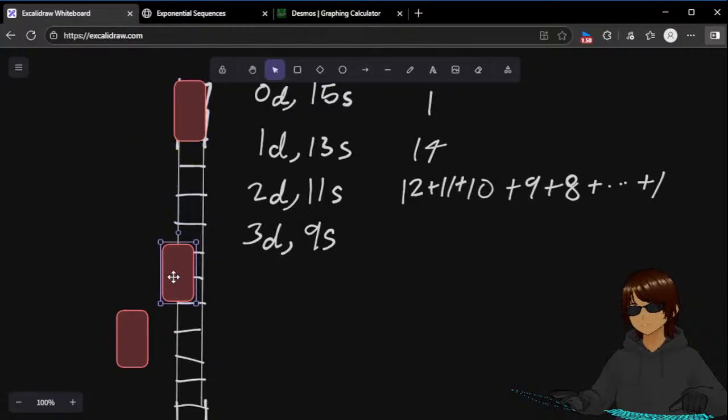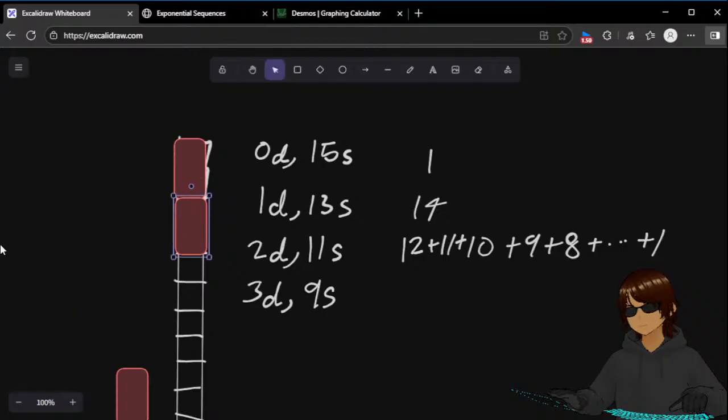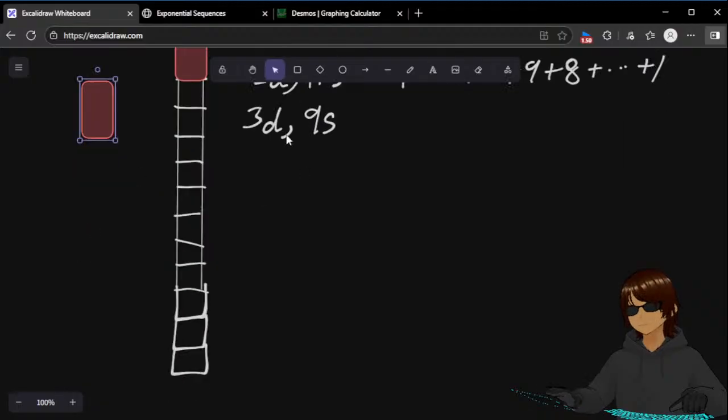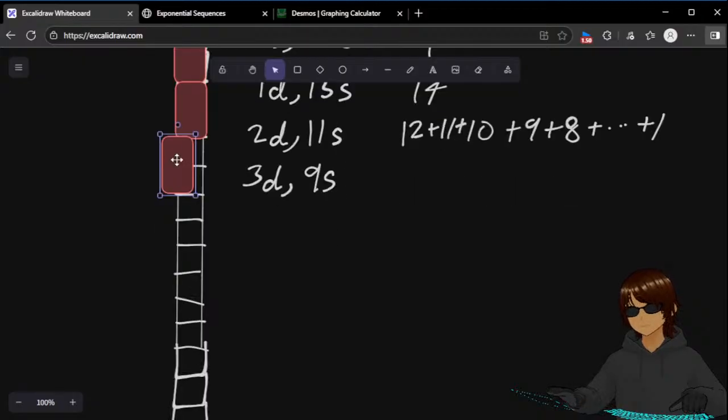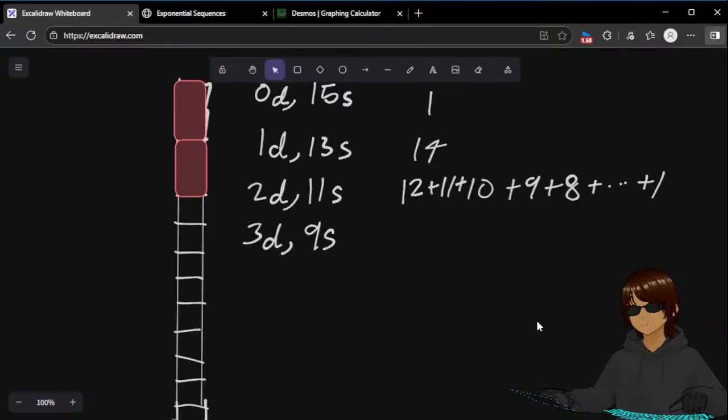There are 9 spaces to move. Hold on. Counting again, okay, 10.